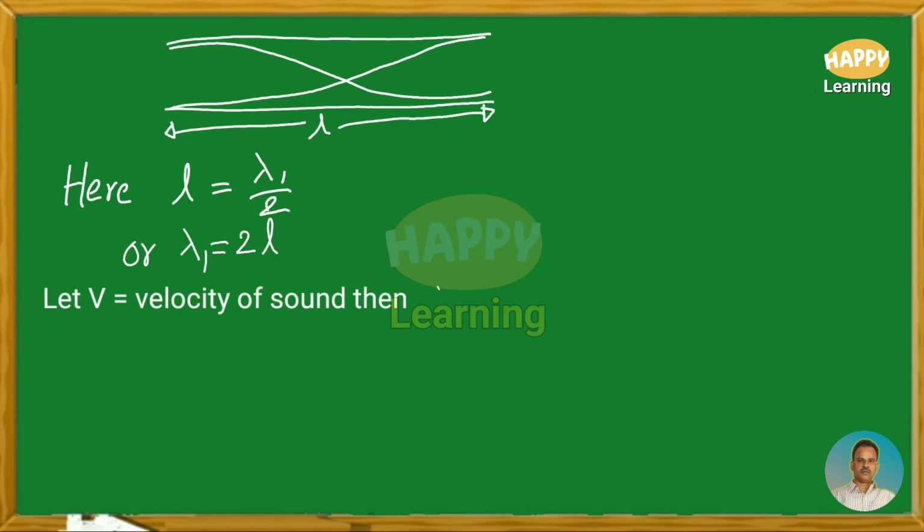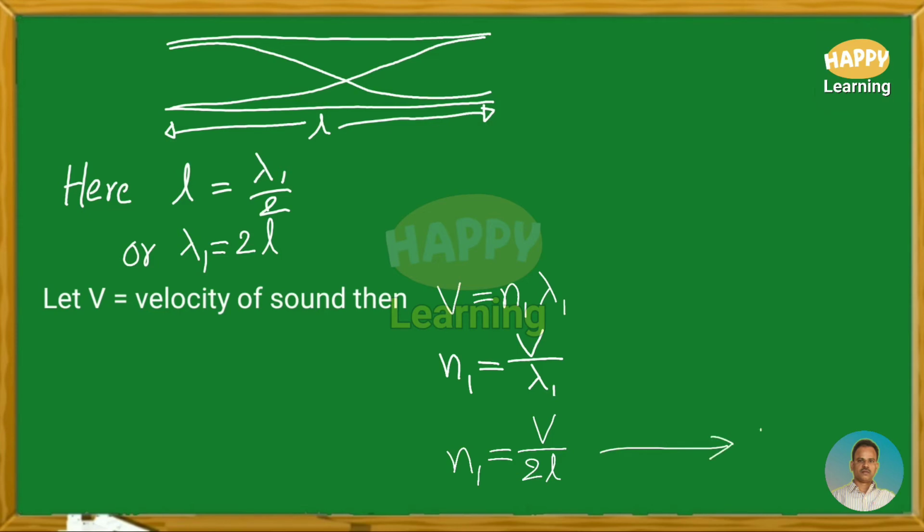Then V equals N1 lambda 1, or N1 equals V by lambda 1. Substituting the value of lambda 1, we get N1 equals V by 2L. Let it be equation number 1. Let us highlight this formula, N1 equals V by 2L.